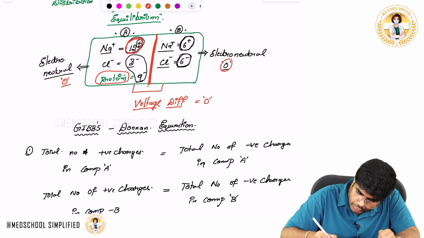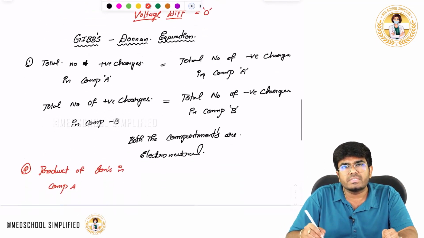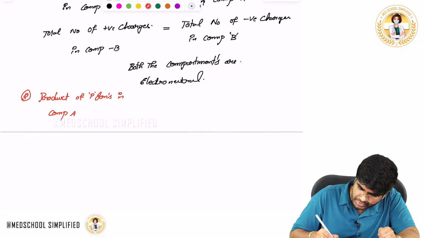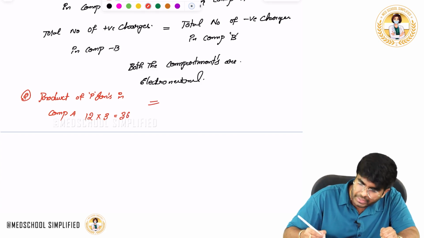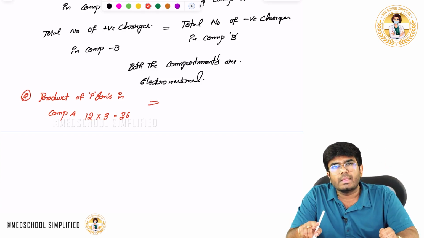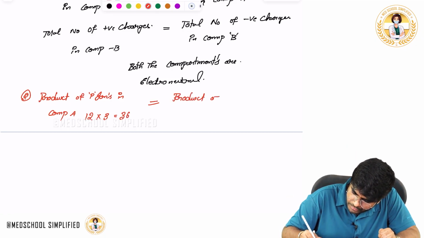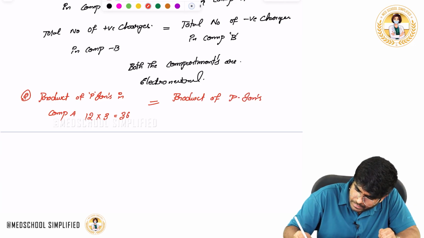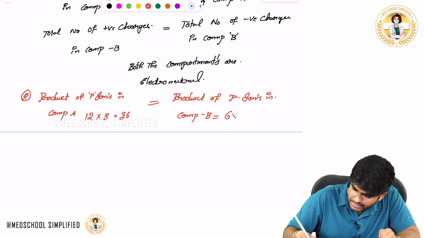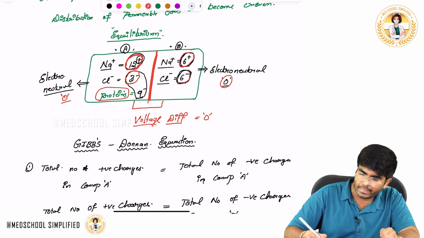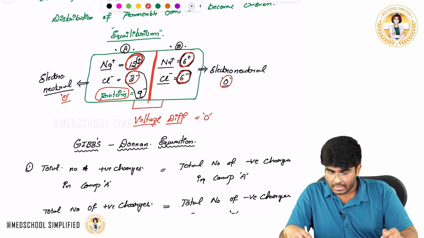The product is 12 into 3. 12 3s are how much? 36. So the product of permeable ions in compartment A is 12 into 3, that is 36. That should be equal to the product of permeable ions in compartment B. How much is that? 6 into 6, that is also 36. Look here, 6 into 6, the same. The products are the same.